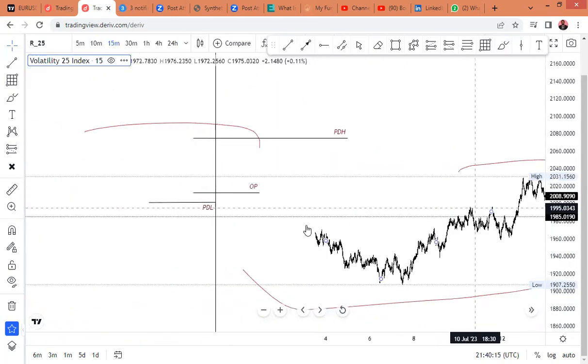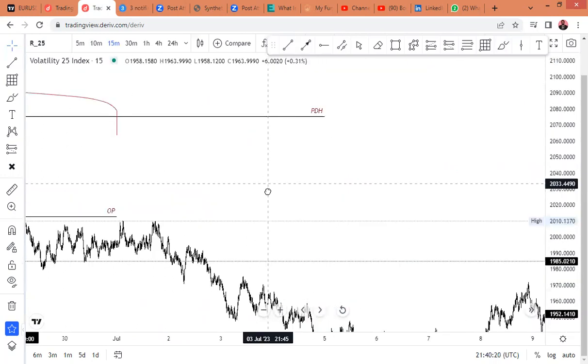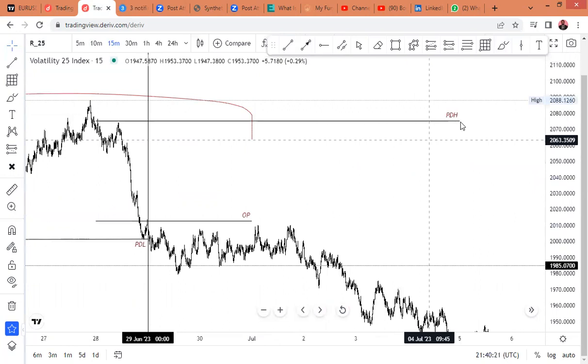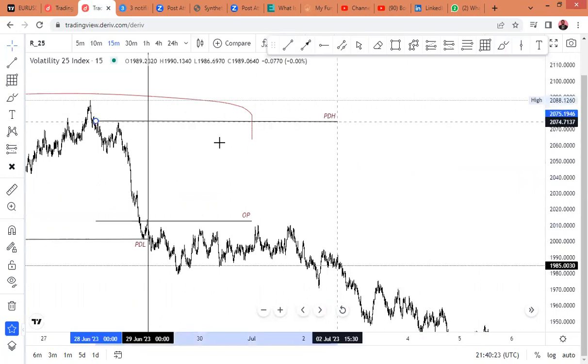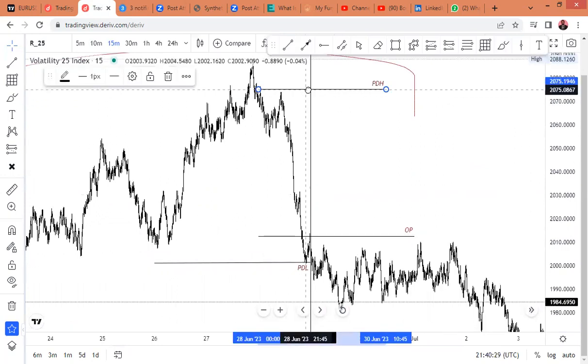Okay, I think we're going to fetch it on the 15 minutes. So we have the previous day high and the previous day low.